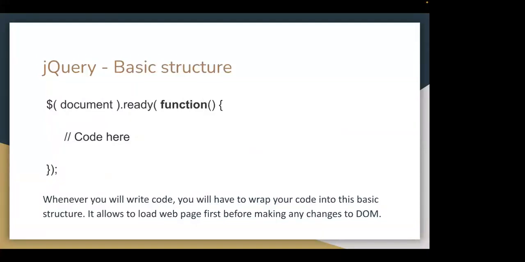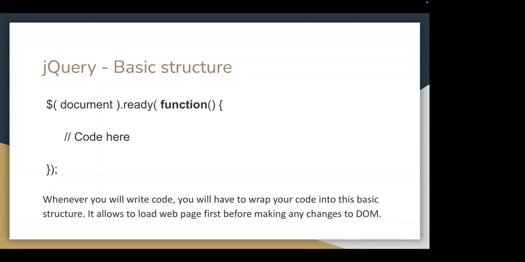So here is the basic structure of jQuery. First we put the dollar and then document dot ready, and we have this callback function. We use this code so that any code we put in our user script should not run before the document is ready.